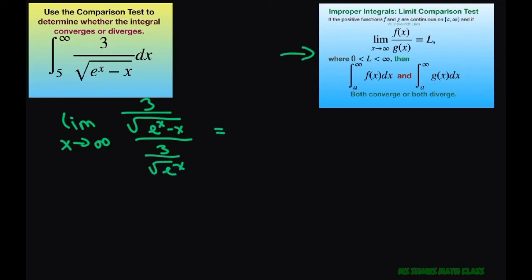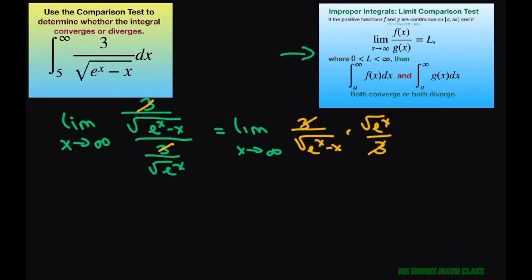Now simplifying this, we get the limit as x approaches infinity, and basically these 3's cancel out, and this gets moved up here. You could write this like 3 divided by square root of e to the power of x minus x times square root of e to the x divided by 3, and this cancels.